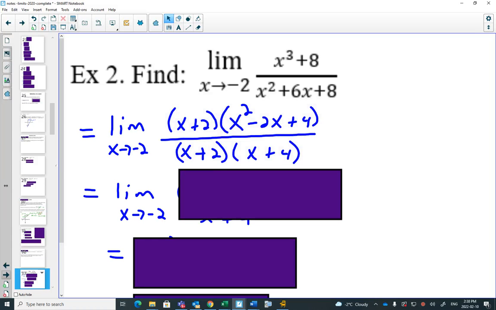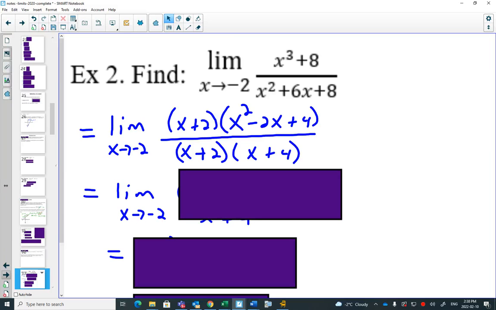So here is factoring a sum of cubes from what we did earlier. I can factor the x cubed plus 8 as x plus 2 times x squared minus 2x plus 4. And I can factor the bottom as a trinomial to being x plus 2, x plus 4.